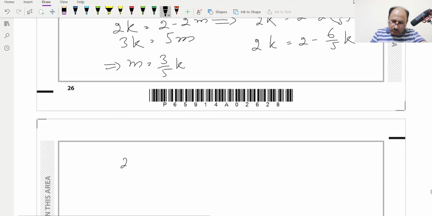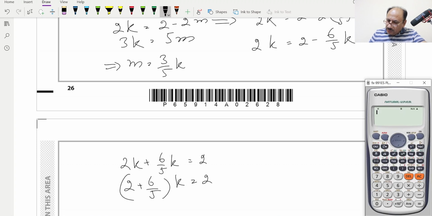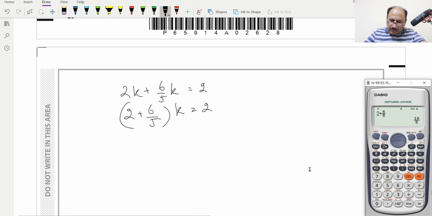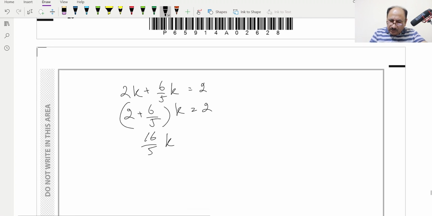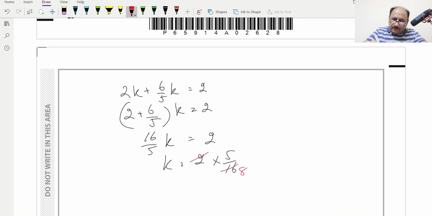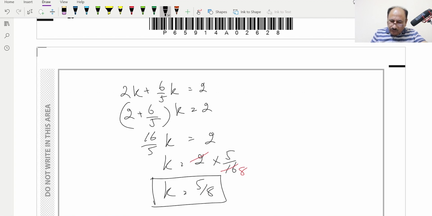So we can write 2k plus 6 over 5k is equal to 2, and 2 plus 6 over 5 is equal to 16 over 5. So we can write here 16 over 5k is equal to 2, and k is equal to 2 into 5 over 16. So after cancellation this will be 8, and k value will be equal to 5 over 8. This is the k value which we found.